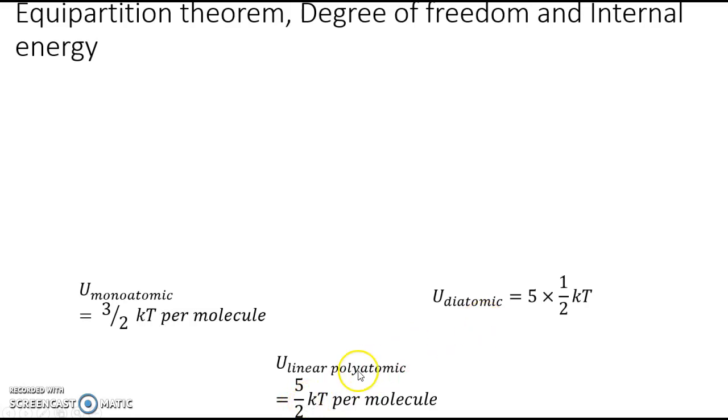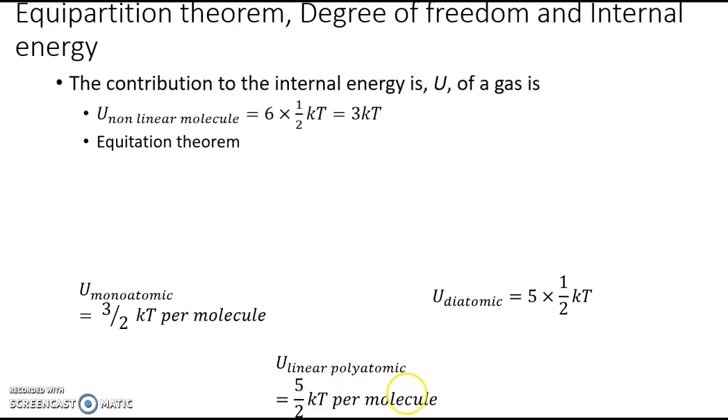Same thing with the diatomic molecule, because it is linear, so it has 3 translational degrees of freedom and 2 rotational degrees of freedom. And in all this, we have ignored the vibrational degrees of freedom because vibrational states are not occupied at room temperature.